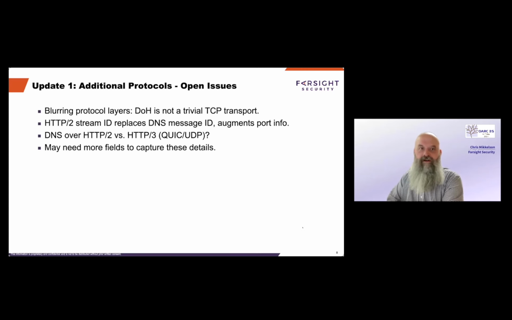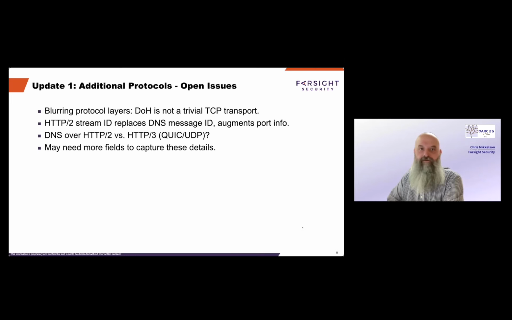In particular, DNS over HTTPS uses 0 for the query ID, or recommends that strongly, which means that if you're writing an application that's trying to match up queries and responses with the query ID, you need access to the HTTP2 or HTTP3 stream ID, which is not included in DNSTap yet.